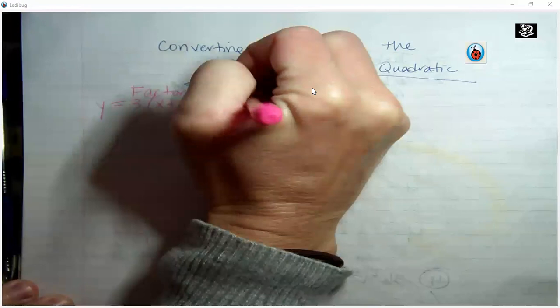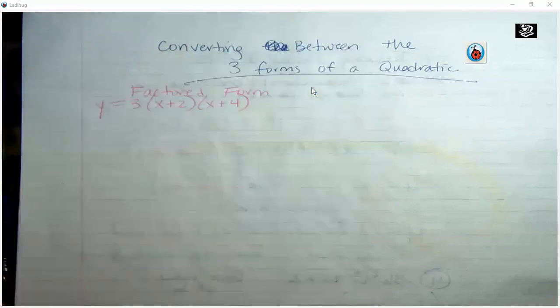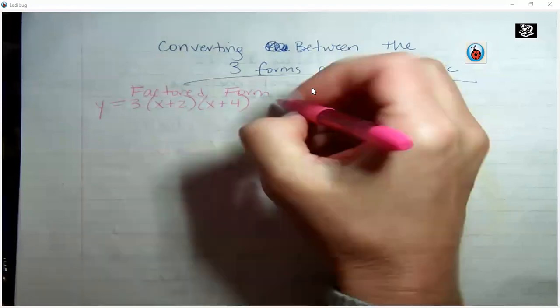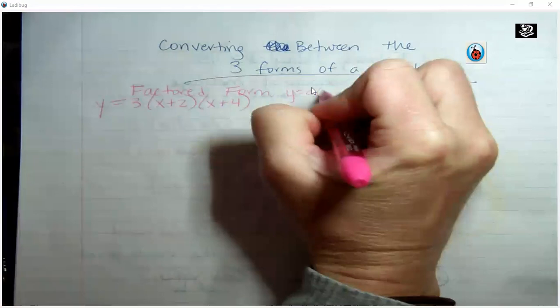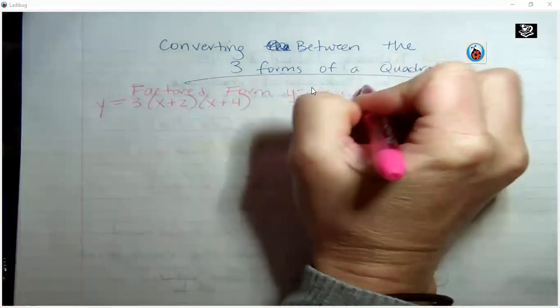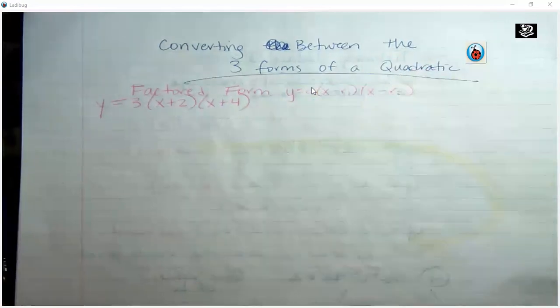Again, I highly recommend you take notes today. Remember that the formula for factored form is y equals a, x minus r1, x minus r2.